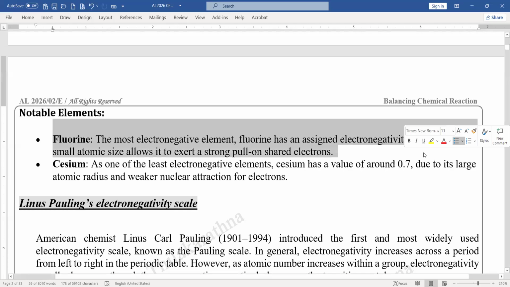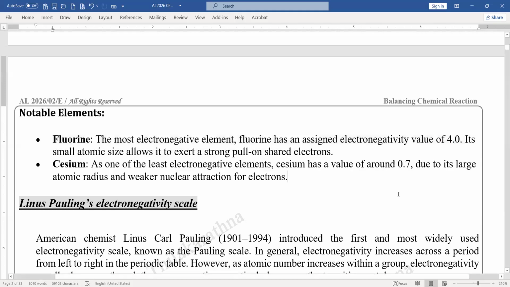Remember that among the elements in the periodic table, fluorine has the highest electronegativity. That is the cumulative effect, or the resultant effect, of the nuclear charge and the size. You can't just explain by using the size or the charge. You have to get the resultant effect.